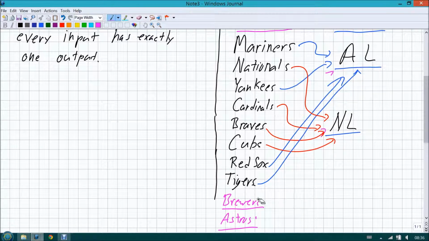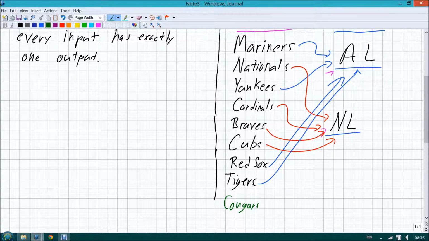But if we remove them and instead put in the Prospect Cougars. Well, we're not in the American League, and we're not in the National League. So we don't have an output.